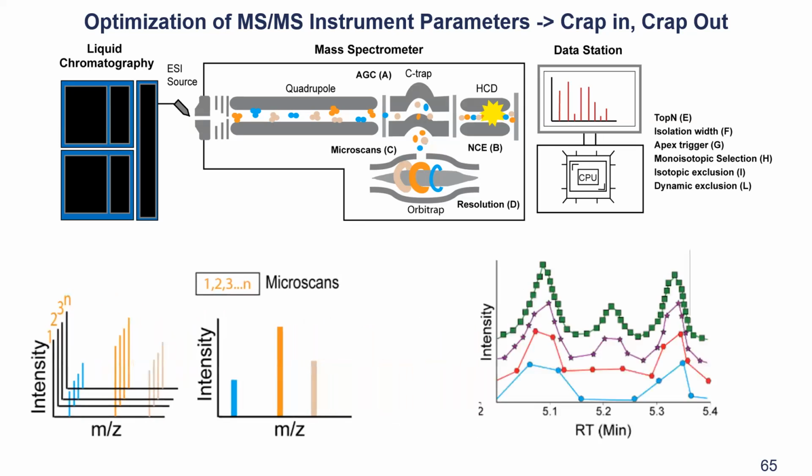And then how does that influence not only the coverage from an MS2 perspective, but also from a data quality perspective for your chromatographic feature detection. So here we basically indicated 3 fantasy peaks, which are acquired at different scan rates.